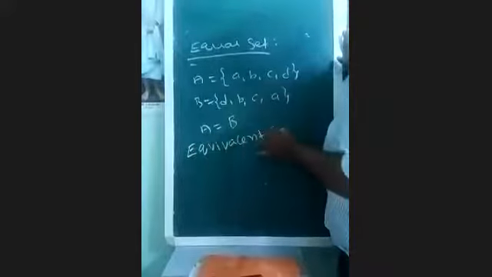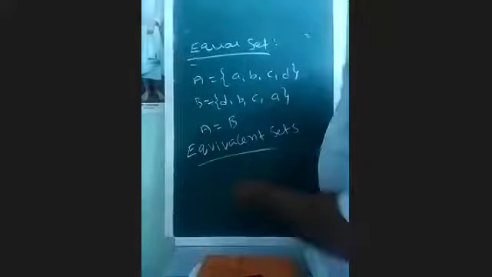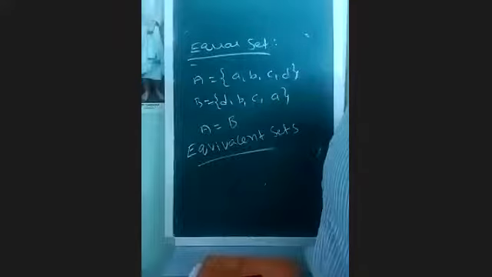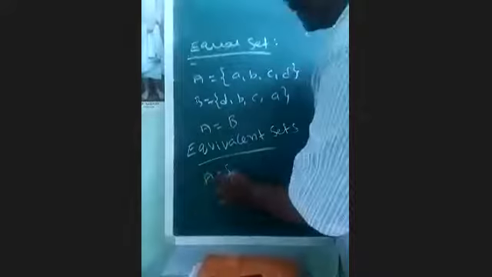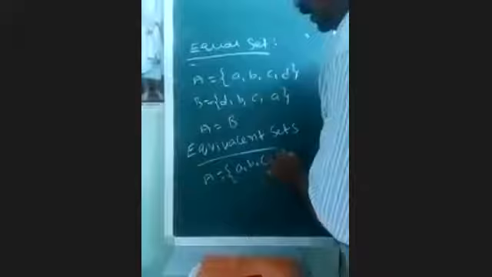equivalent sets. Next one is equivalent sets. Equivalent sets means you take two sets, A and B, that have the same number of elements. I am taking set A = {A, B, C, D} and B = {1, 2, 3, 4}.